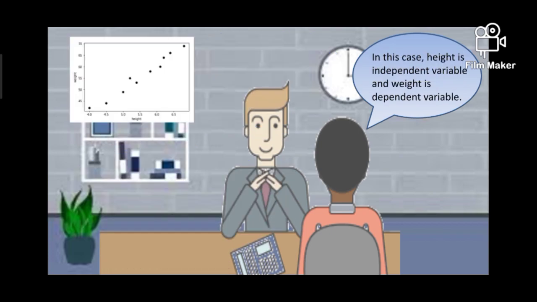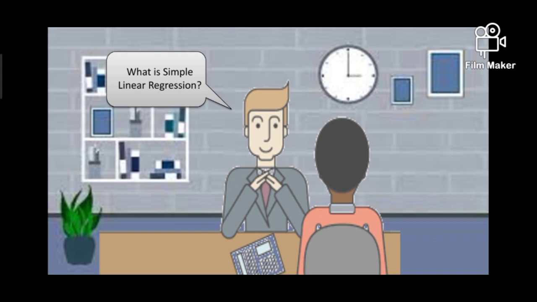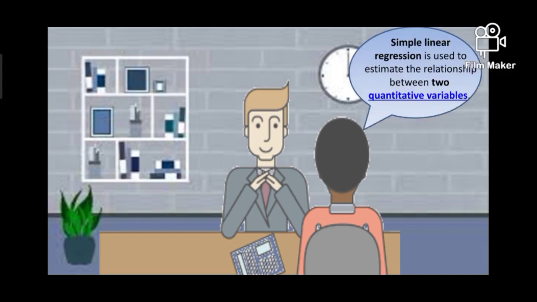Now coming back to the scatter plot, we can see that height is an independent variable and weight is a dependent variable. Now the next question is, what is simple linear regression? Simple linear regression is used to estimate the relationship between two quantitative variables. One would be independent and the other would be dependent.